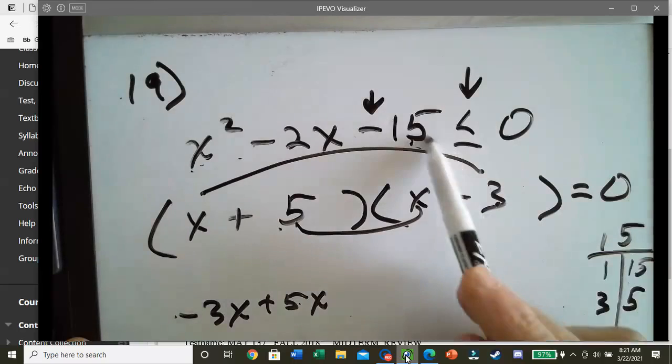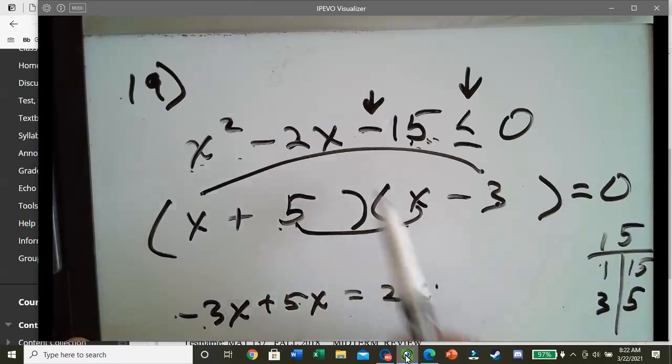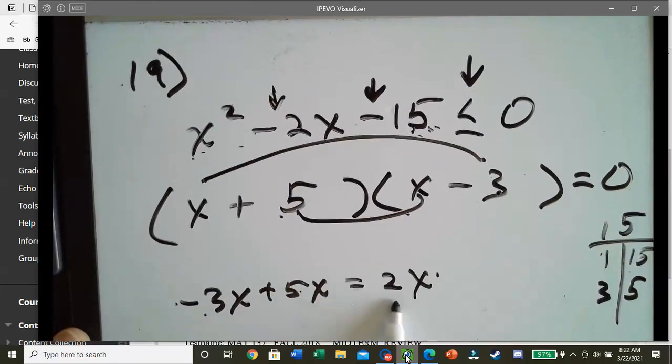Well, either one of these two will give you negative 15, but only one of these will give you the middle. Well, negative 3 and a positive 5, that's a positive 2x, but we don't want a positive 2x, we want a negative 2x. So the numbers are right, but the signs are wrong.